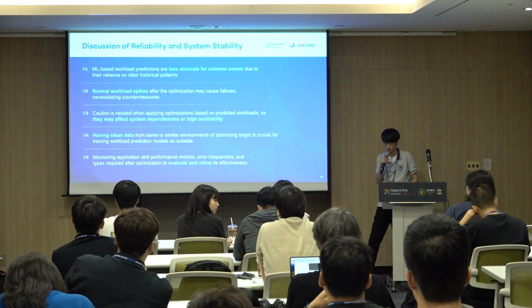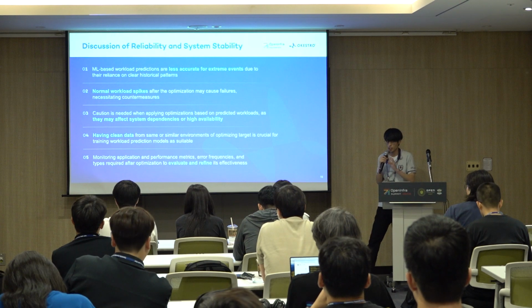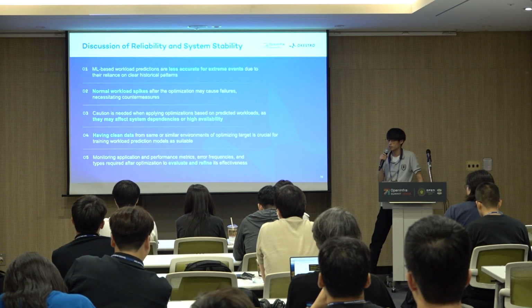First, machine learning based prediction may be less accurate for extreme events not reflected in historical data.